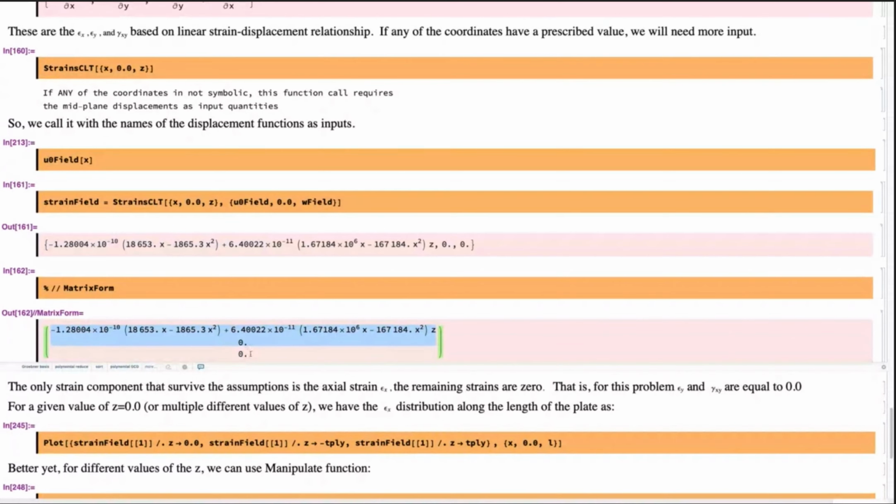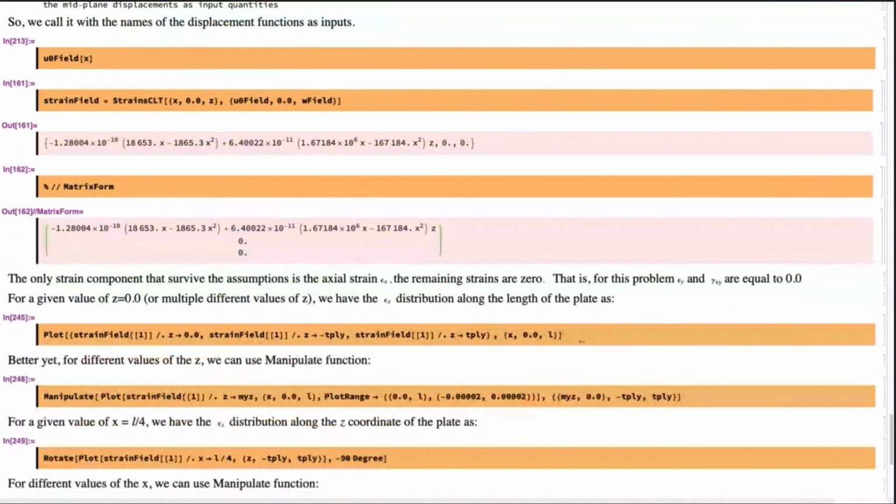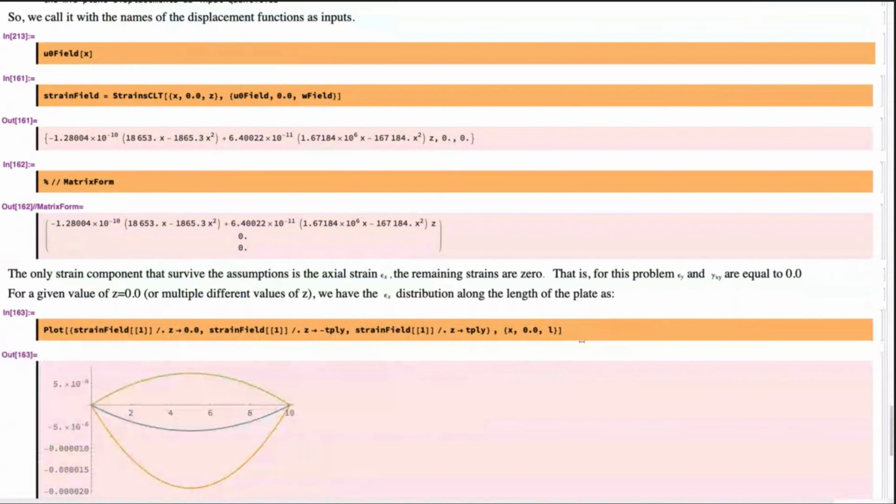What am I looking at? Strain epsilon x; epsilon y is 0, no strain there, and this is that value. Actually, I'm going to make a plot of this first strain at the bottom, at the top, and at midplane.